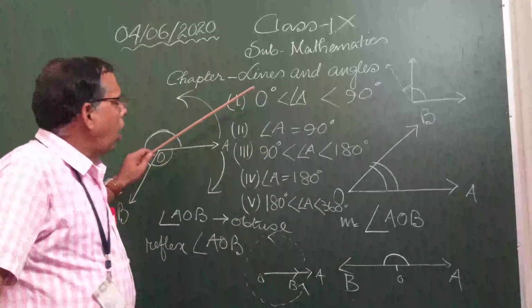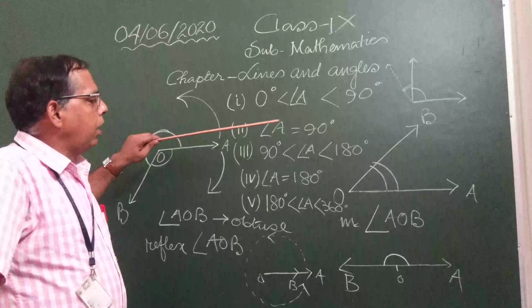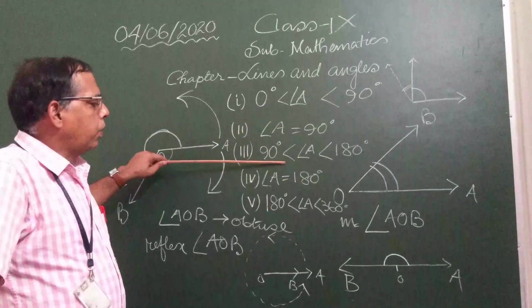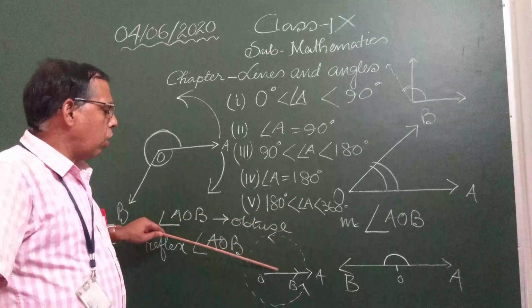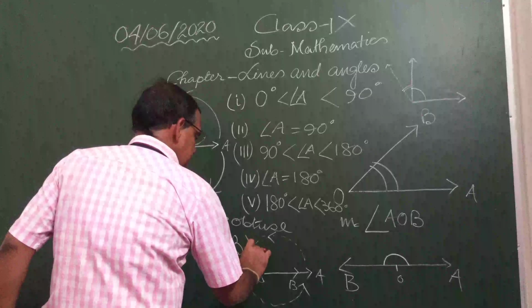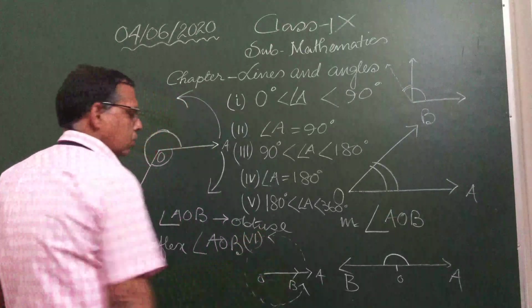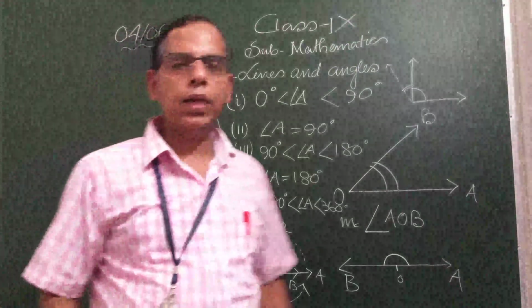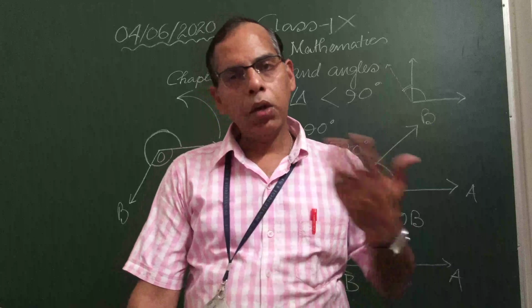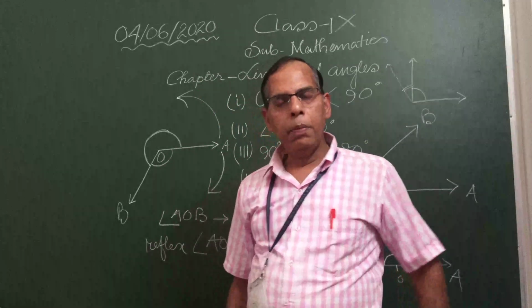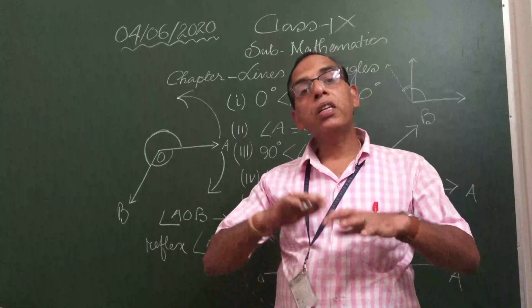So how many angles? Acute angle, right angle, obtuse angle, straight angle, then reflex angle, then complete angle. That is the sixth one. So that is the six different angles according to the measurement. Remember one thing, there are different types of angles.